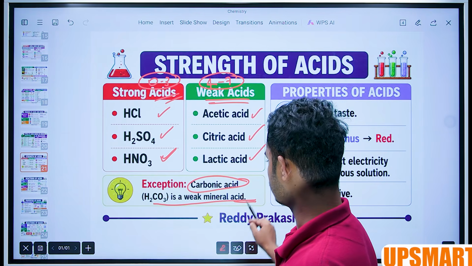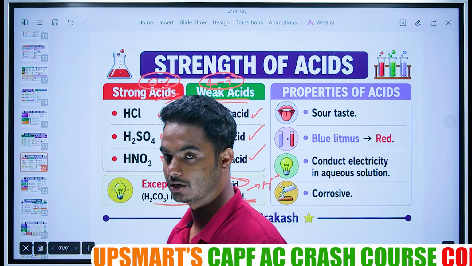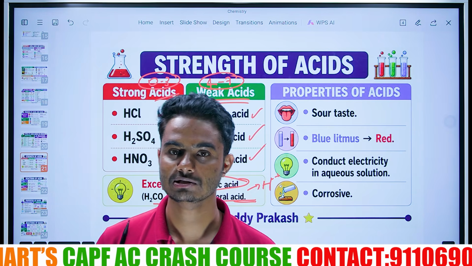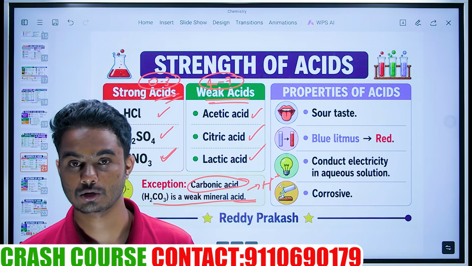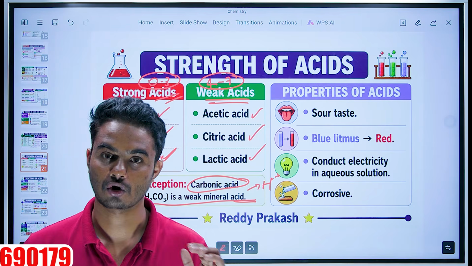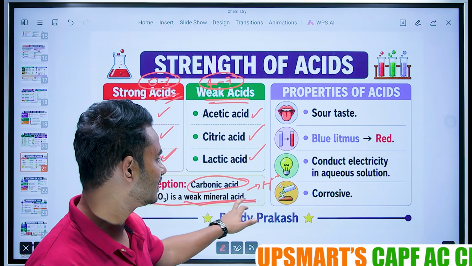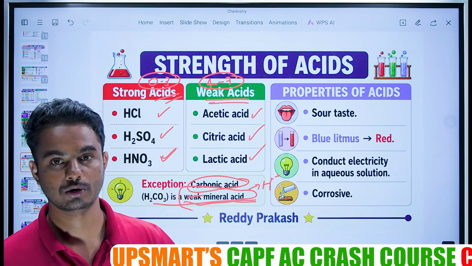If an acid releases more H+ ions, it is called a strong acid, but though carbonic acid releases more H+ ions, it is still considered a weak mineral acid.